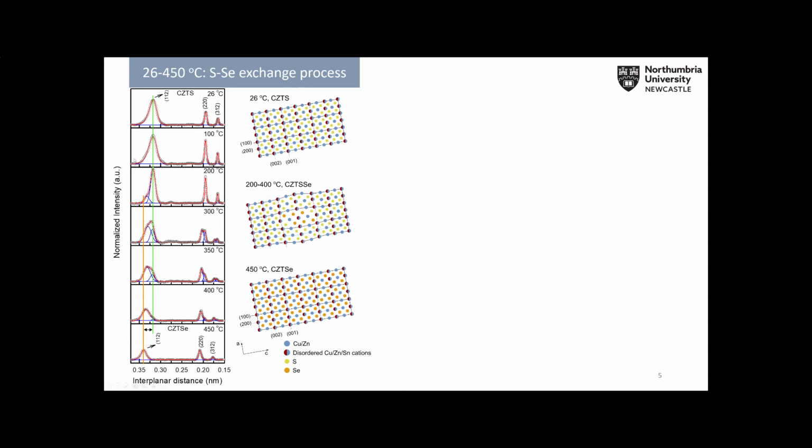You can see that by the position of that green line here that initially represents sulfur-rich peaks, and then the red line represents selenium-rich peaks. And this process is continuous starting just above room temperature, at 100 degrees, up to 450 degrees.